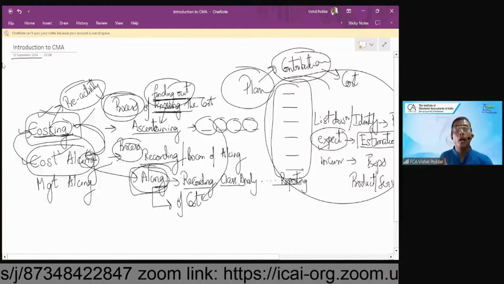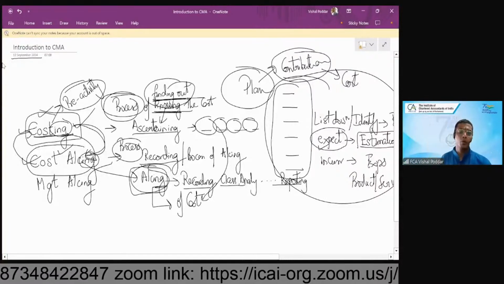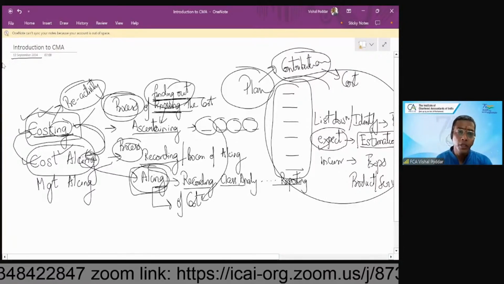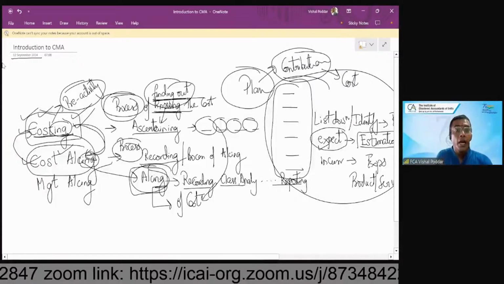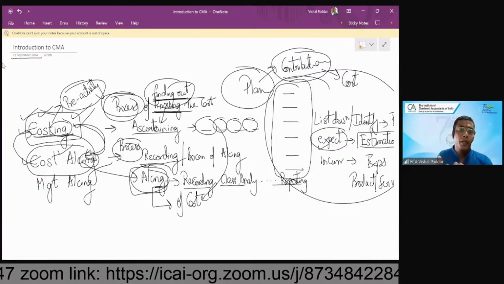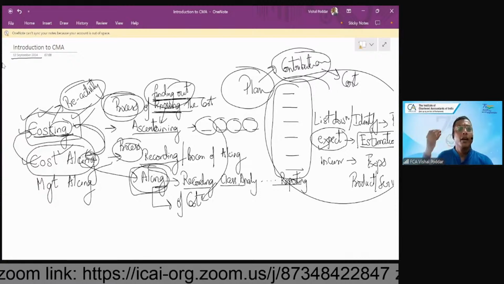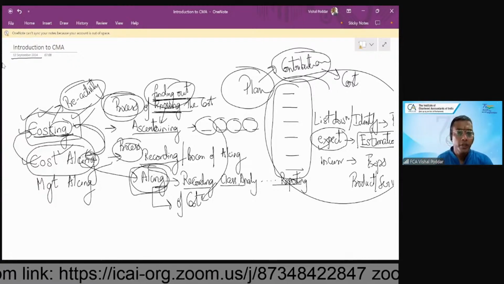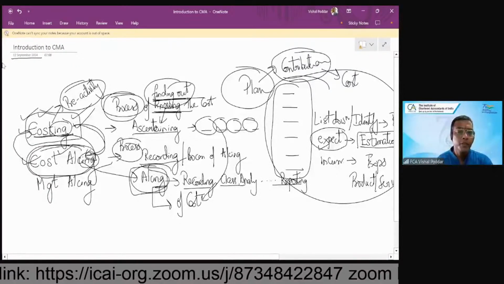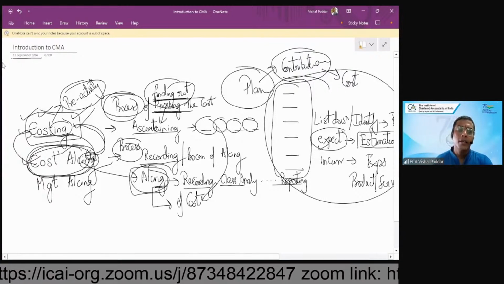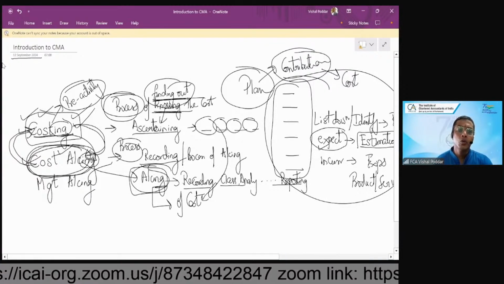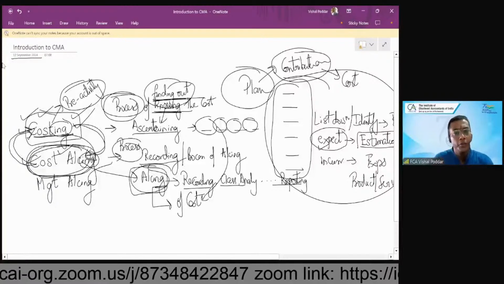However, it is cyclical. How? When the second year approaches, I have to again do costing for the second year. But for doing costing, even for doing some estimate, I require some data. This data I get again from my past year records. So in that case, I will refer to my past year's records, that is my cost accounting records. From there, I'll get the data, and this data I will use for doing costing, that is estimation for the next year.